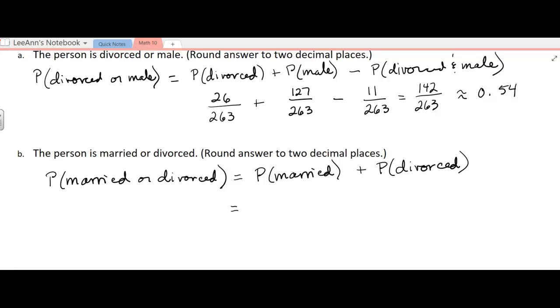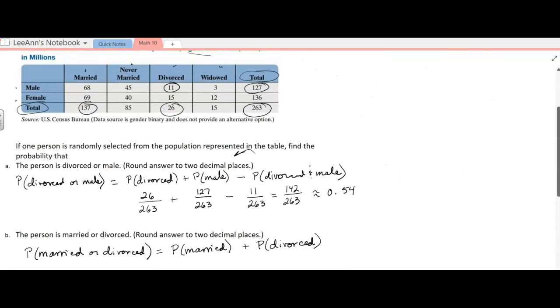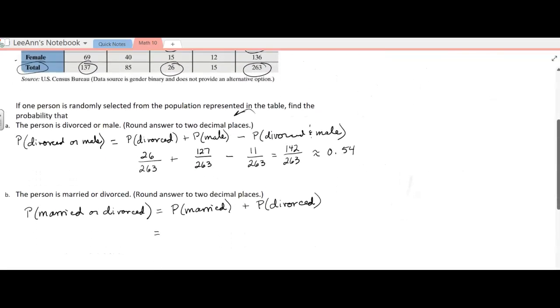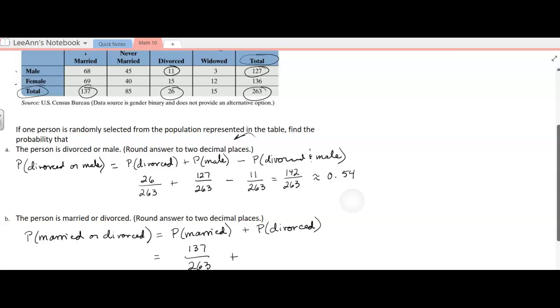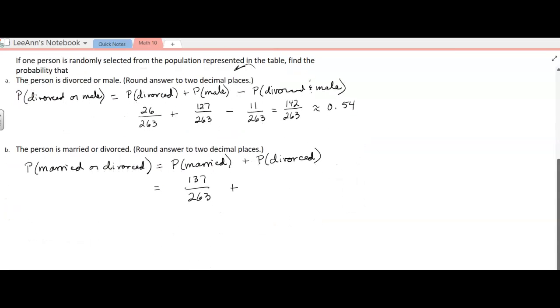Now I forgot the number. What's the probability of being married? 137 out of that total 263. And what's the probability of divorced? 26 out of the 263. So what do we get? 163 out of 263.